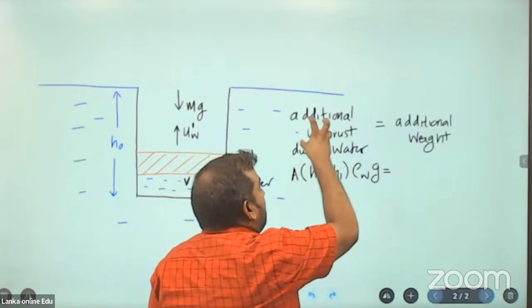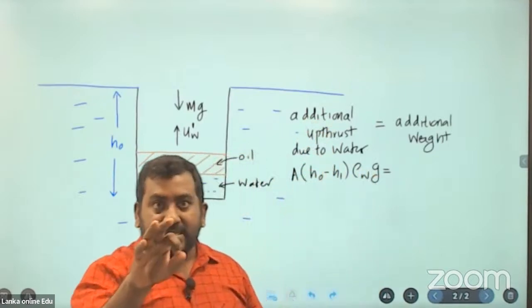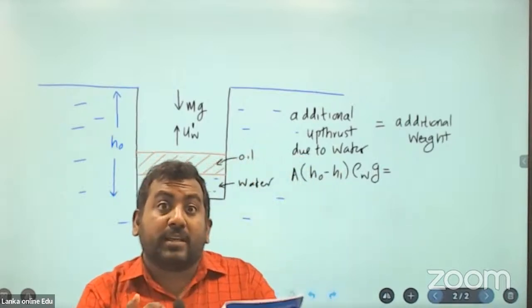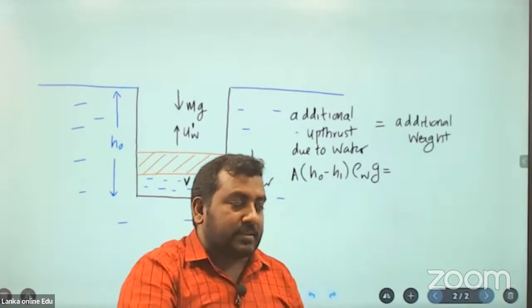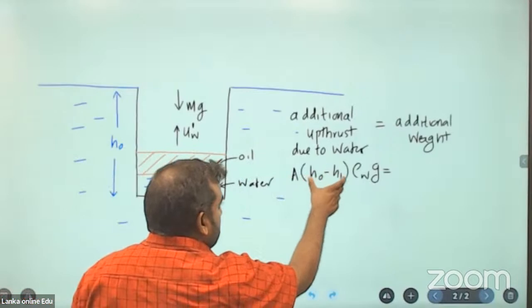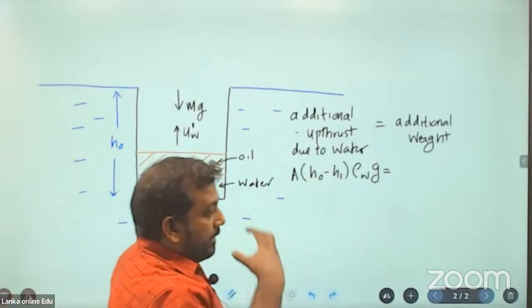So the additional increase in upthrust is that part only. We are thinking about the increase. We are comparing the first picture to second picture. Right. So this is the additional upthrust.